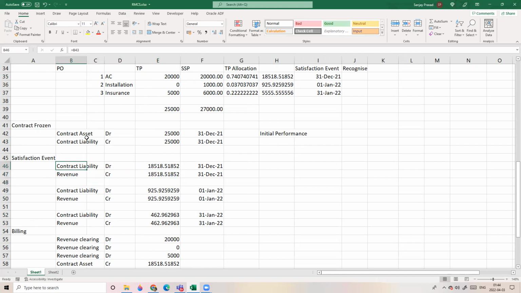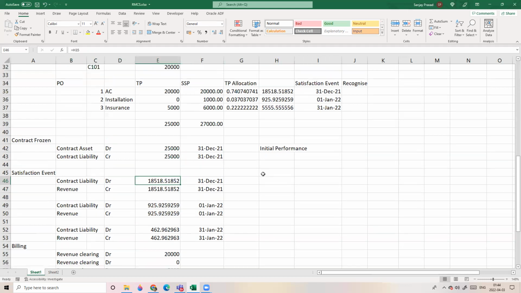Contract liability means I was liable for a certain amount for this contract. Out of that, some part I have already delivered, so my liability gets decreased. So the liability gets debited here, and I recognize the revenue as a credit.